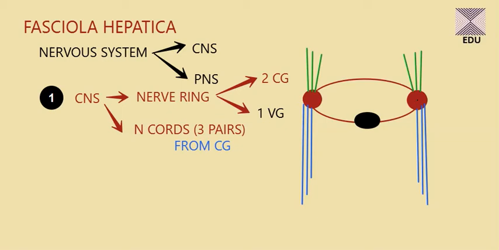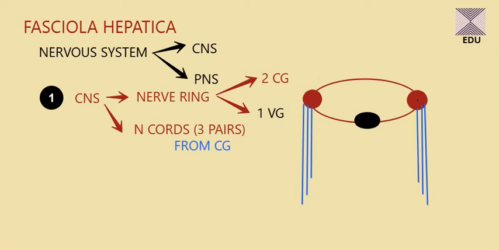So overall, if we talk about the central nervous system, it is composed of the nerve ring, the central one, and three pairs of nerve cords which are going towards the posterior side. They are forming the central nervous system.